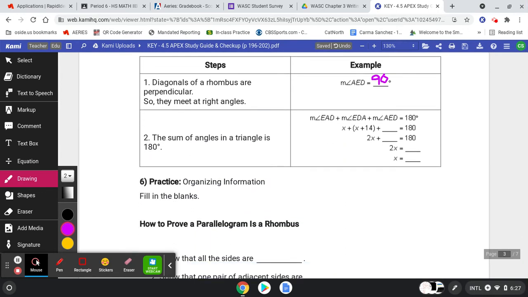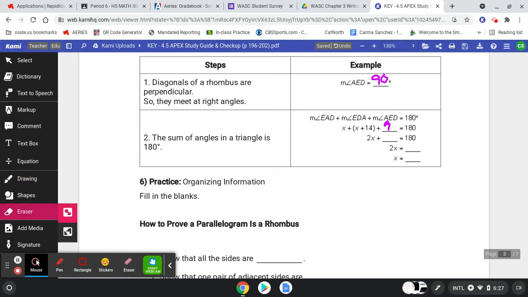And the sum of the interior angles of a triangle is 180, we could say that those 3 angles equal 180. So X plus 14 plus that 90 equal 180, and then we solve. 2x plus 14 plus 90 would be 2x plus 104.